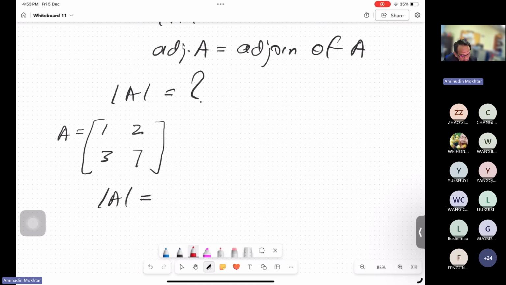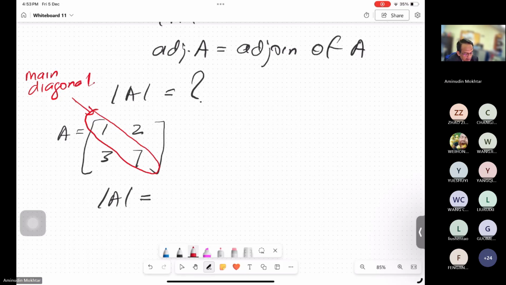Look into this element. This is called the main diagonal, or perpenjuru utama. The main elements are 1 and 7.